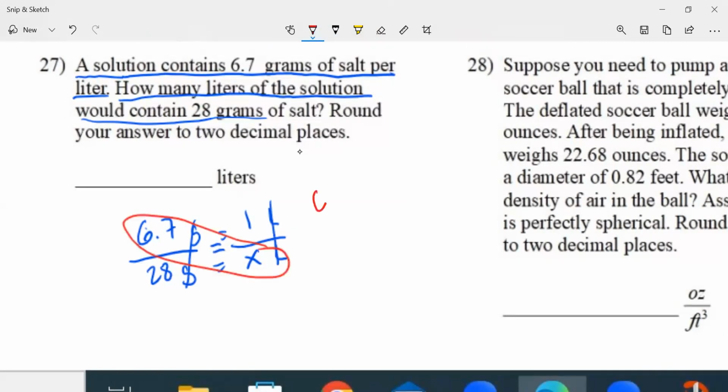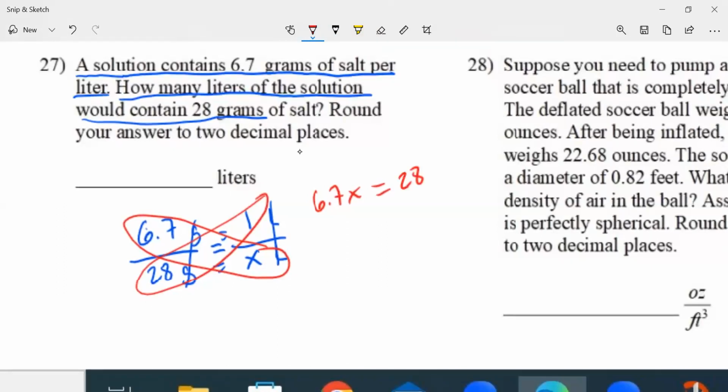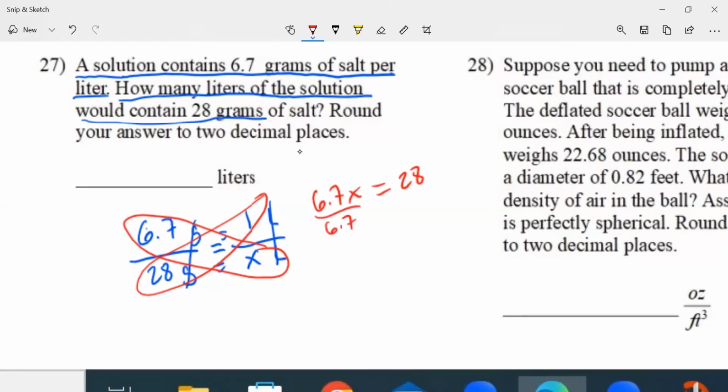6.7 times x is 6.7x. This is equal to 1 times 28, which is 28. To get x by itself, let me divide both sides by 6.7. So according to my calculator, 28 divided by 6.7 gives me 4 point and a bunch of numbers.